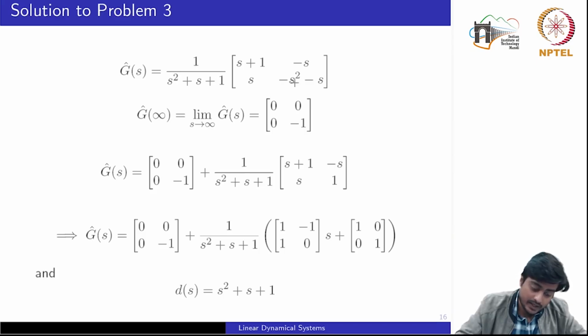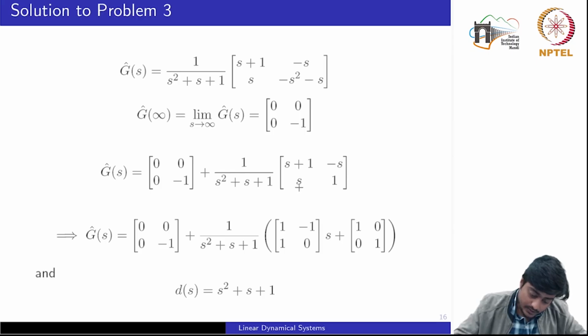But we saw that the degree of the numerator should be less than that of the denominator. That's why we have extracted out this g hat infinity part. So after decomposing this g hat infinity part, we can write this one as this one, because once you sum them up, you would finally obtain this equation.